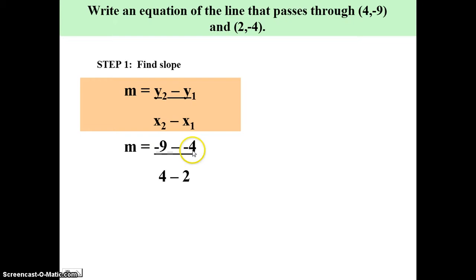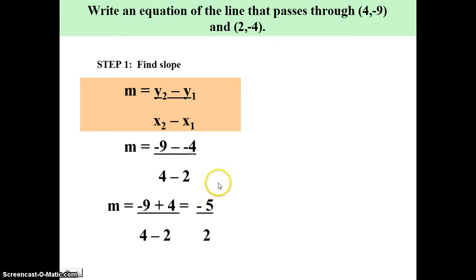Now, of course, you should know you can reverse this. What if you had done negative 4 minus a negative 9 and then 2 minus 4? Yes, you will get the same answer. Initially, you might have opposite signs than myself. You might have a negative 2 or a positive 5 over a negative 2, but that's still going to be a negative 5 over 2 as a final answer.